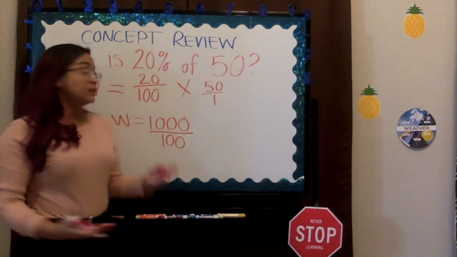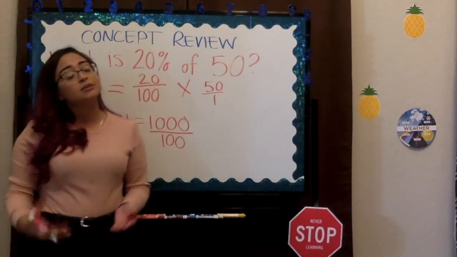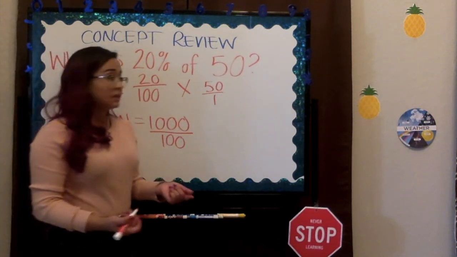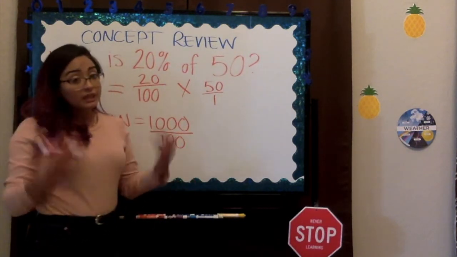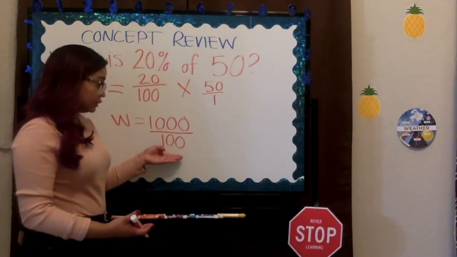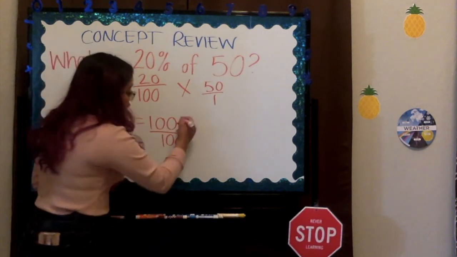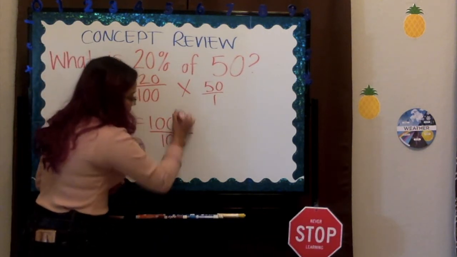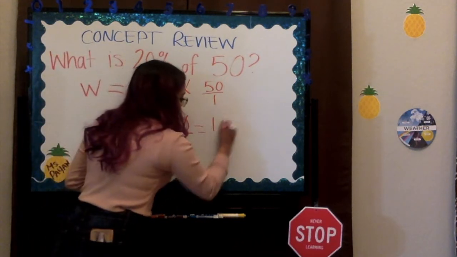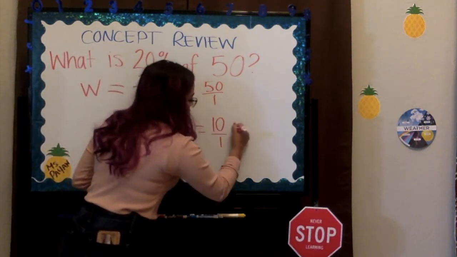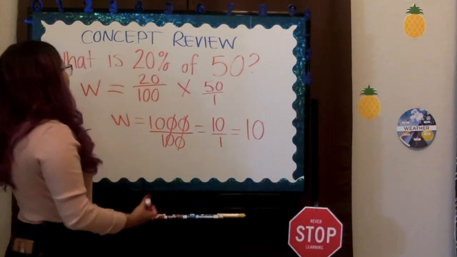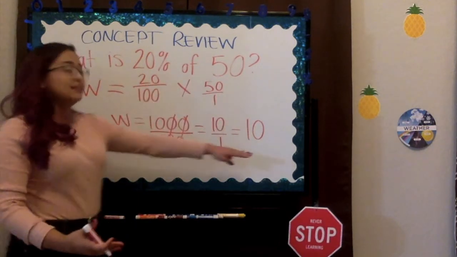Now what we have to do is simplify this fraction to be able to get the value of our variable, which is W. Okay? Now, we can use a calculator and divide how many times does 100 go into 1,000, or we can follow the simple step by crossing out our zeros. We are left with 10 over 1, which is also equal to 10. So that means that 20% of 50 is 10.